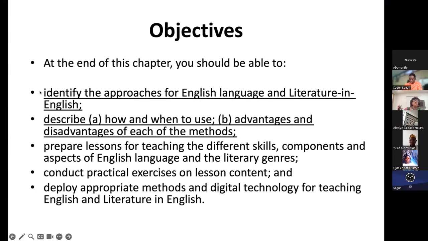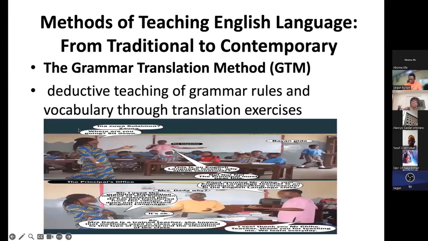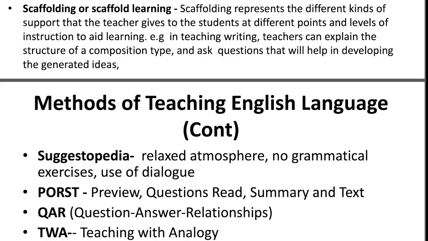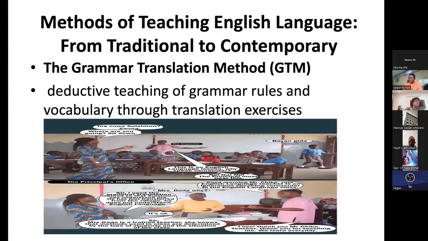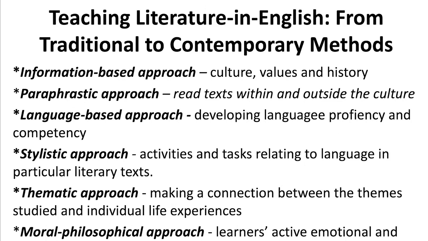We shall also be teaching the methods or approaches and the techniques of teaching the literary genres. The course also involves using technology in teaching English and literature in English, as well as other issues relating to the effective teaching and learning of English language and literature in English.